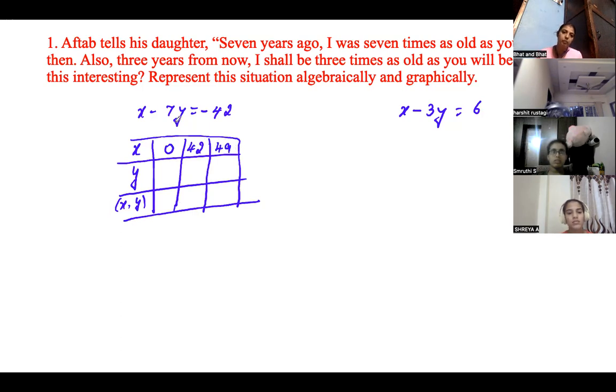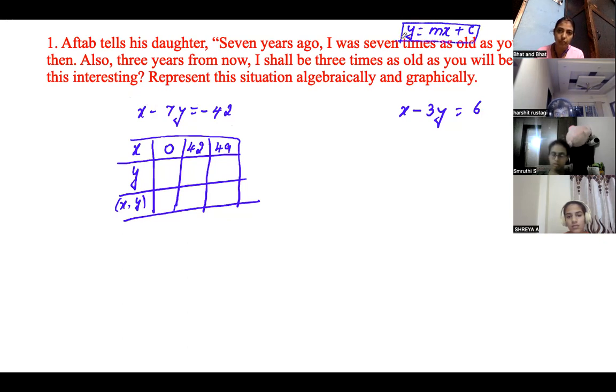Now, before we substitute this directly, we have to convert our equation in the form of y is equal to something. Because according to mathematics, y is equal to mx plus c represents a straight line.